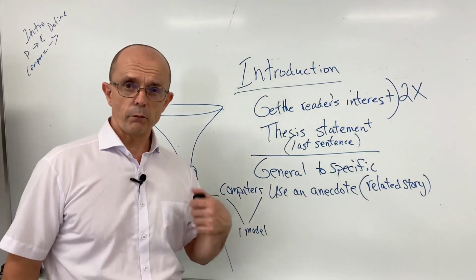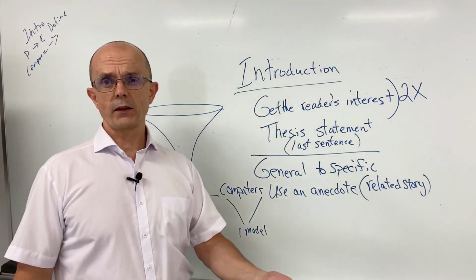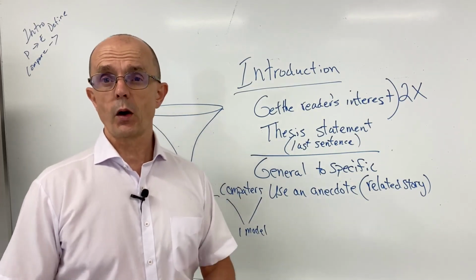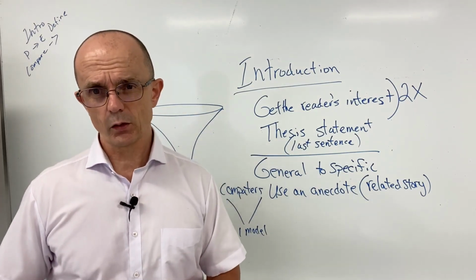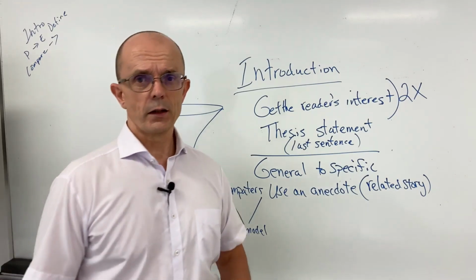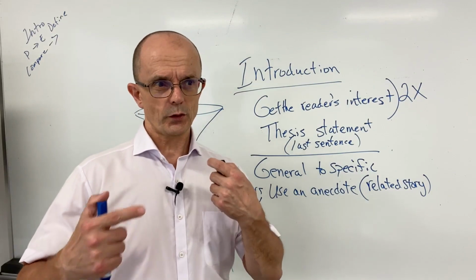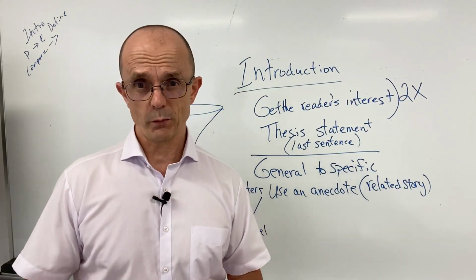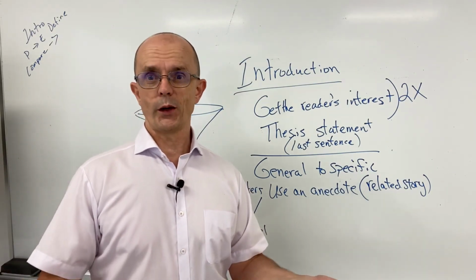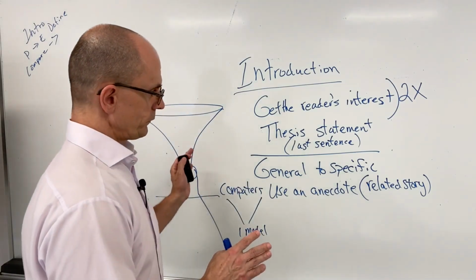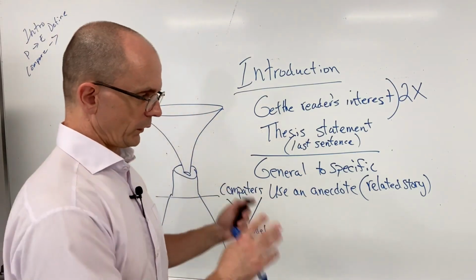Then Suzuha makes it home finally around 10:30 or 11 o'clock at night, where she does her homework from her day at school and has her dinner. Then she goes to sleep. So Suzuha is not a real person, but we all know Suzuha, right? So that's an anecdote, a related story.